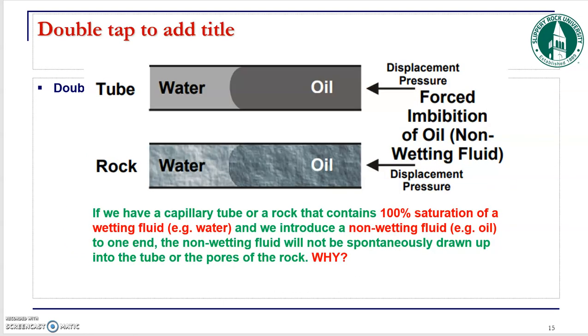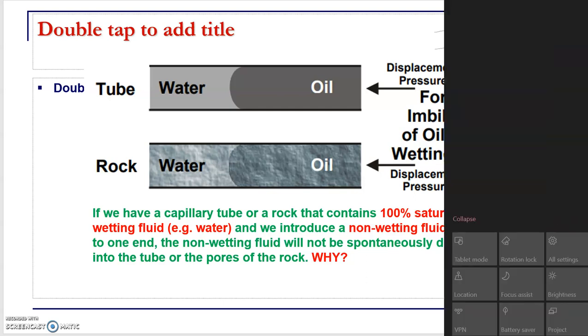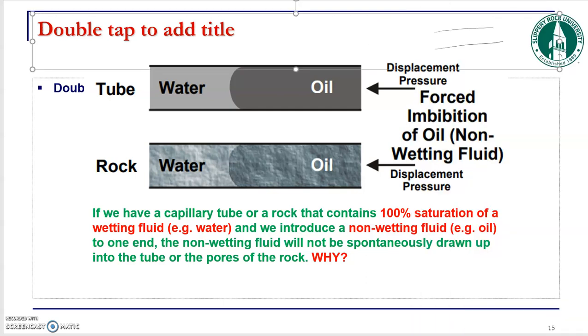Alright, now consider the case where you have water inside the pore, and you want to displace the water, and water is the wetting phase, and you introduce some oil here.